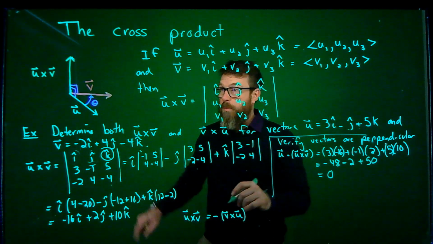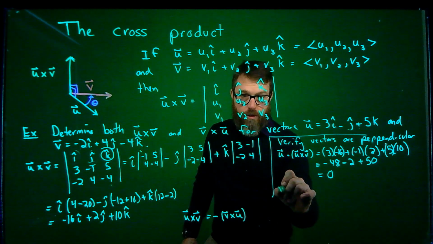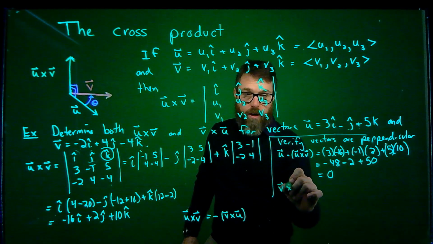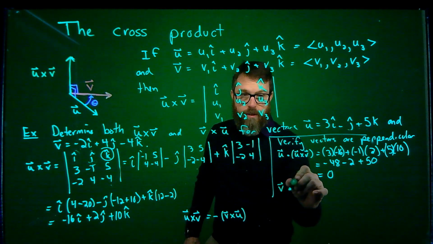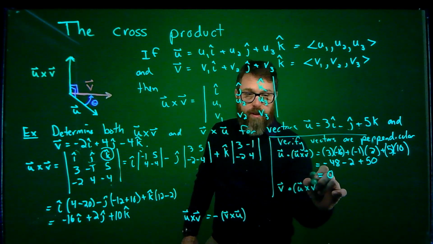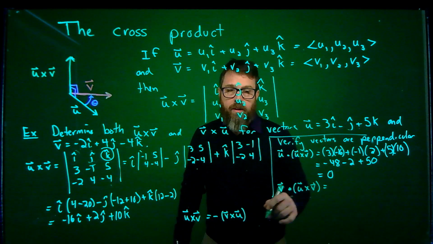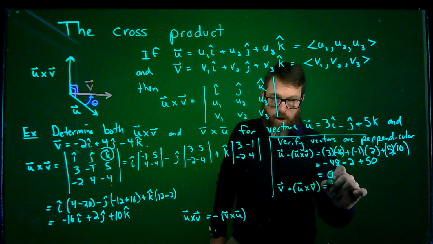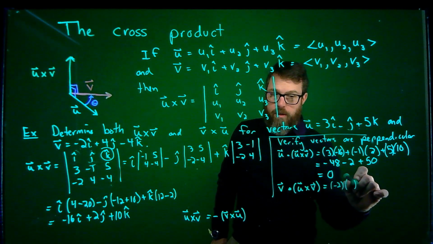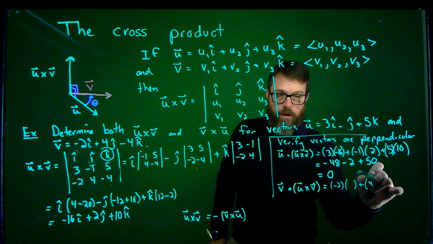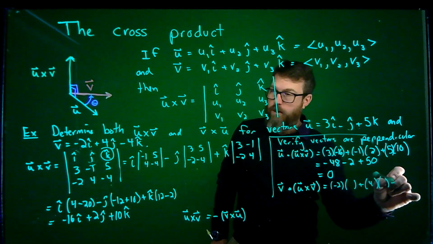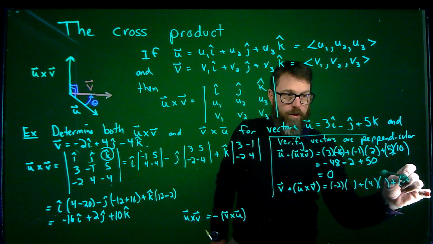We also, remember, they're both supposed to be perpendicular, so let's double check this. What about v dotted with u cross v? So v is going to be our minus 2, 4, and -4.